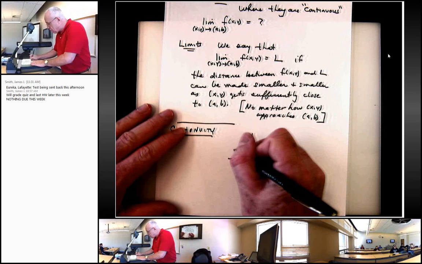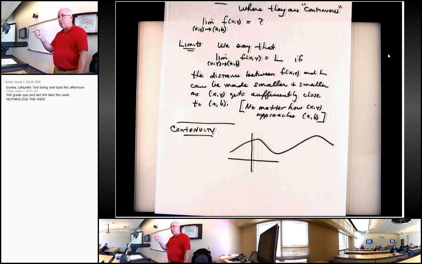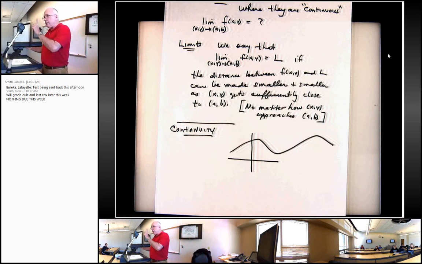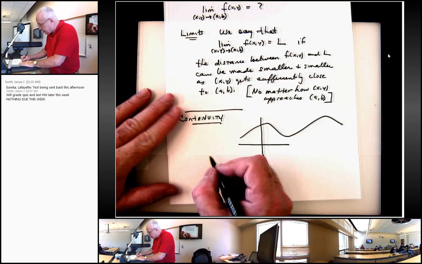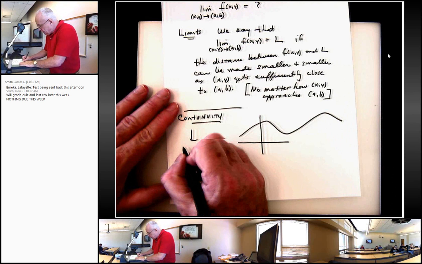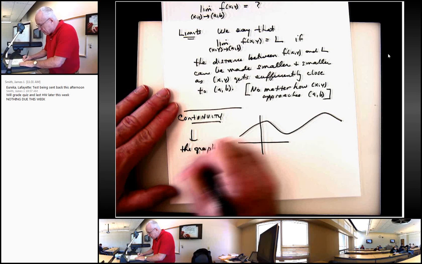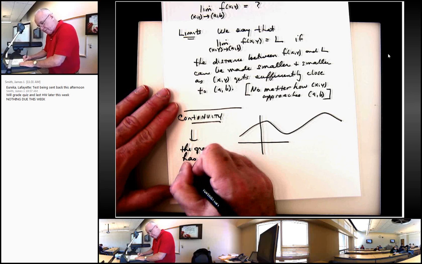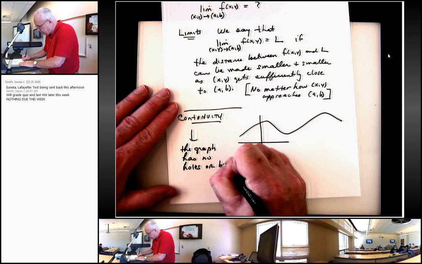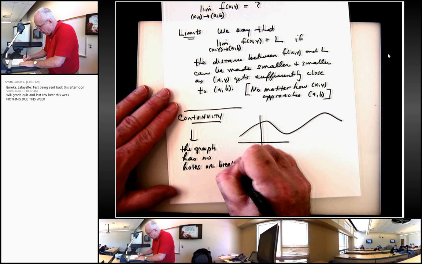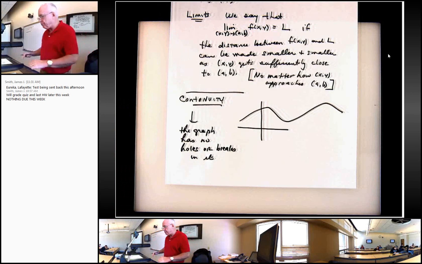So if I can draw the graph and keep my pencil on the paper, it's continuous. That's for a one variable function. Here, for two variables, intuitively, the graph has no holes or breaks. All right. It's an intact surface.